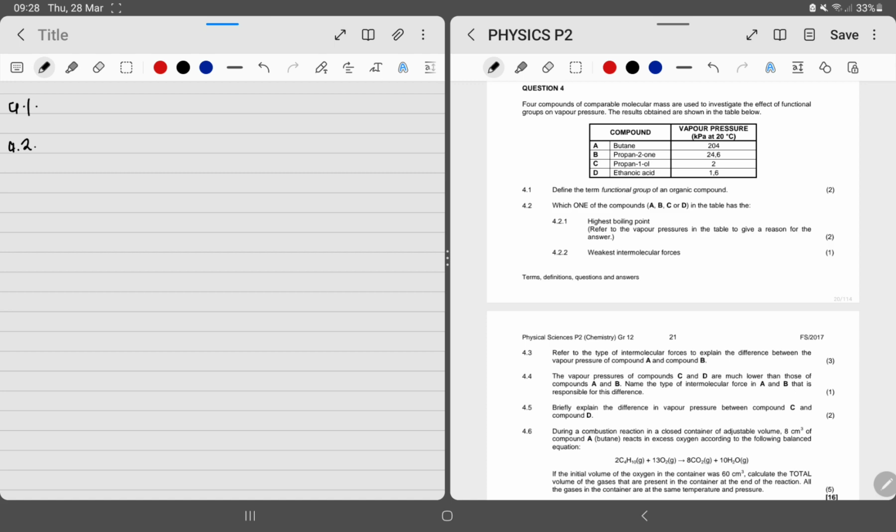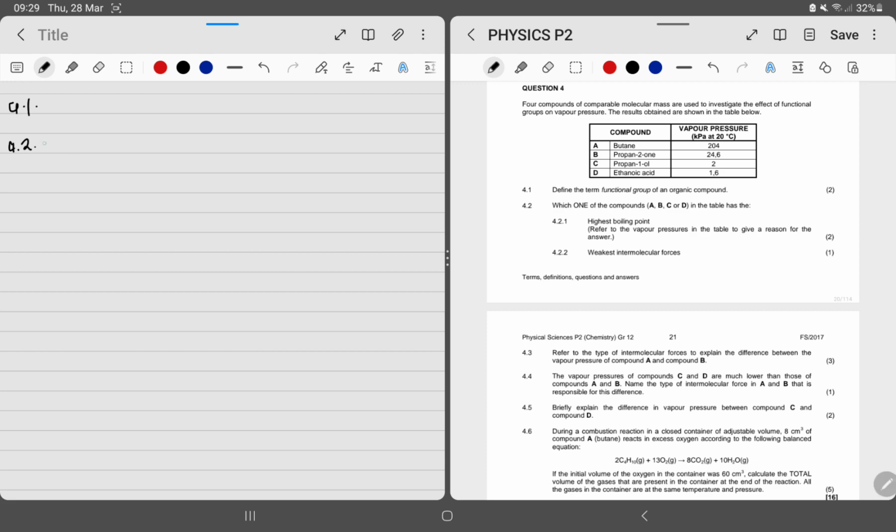4.2. Which one of the compounds in the table has the highest boiling point? Refer to the vapor pressures in the table to give a reason for the answer. Okay, so the compound that has the lowest vapor pressure is the one that is going to have the highest boiling point.